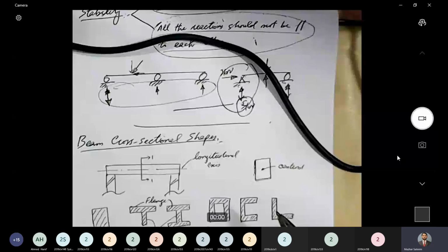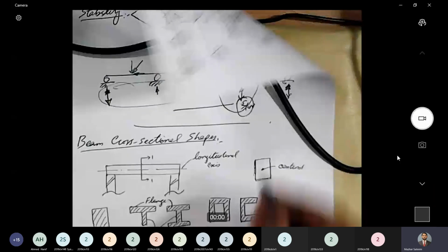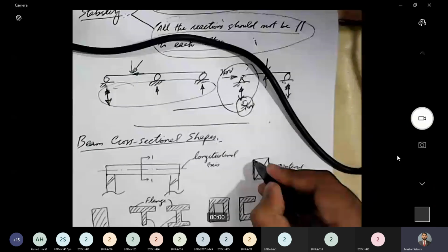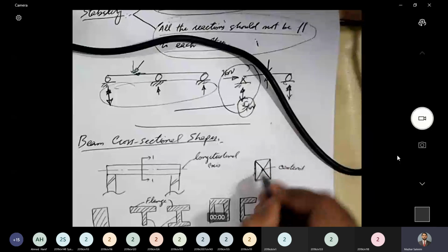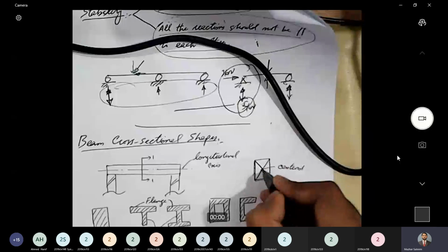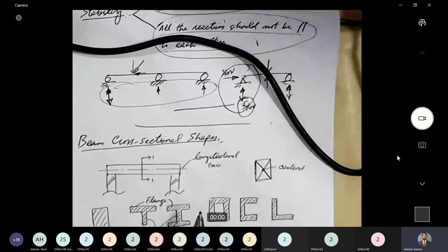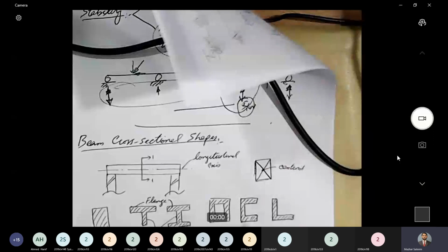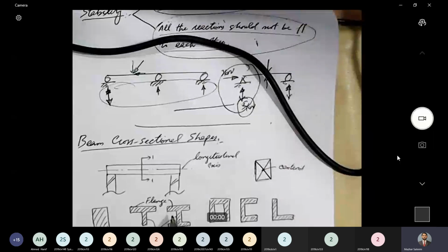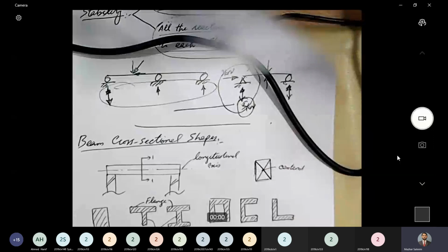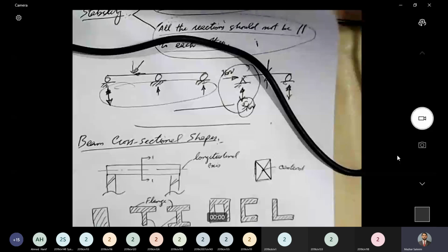For a rectangular section, how do we calculate it? The intersection of diagonals is the centroid. For a rectangular section, the intersection of its diagonals is its centroid. In basic mechanics, did you guys study the geometrical properties of plane areas? Anyone?